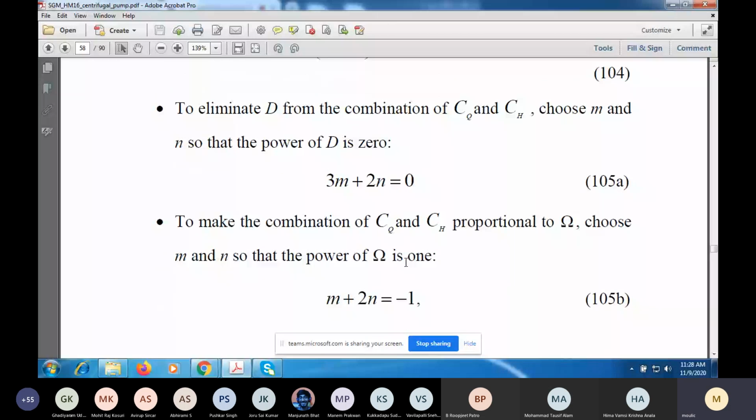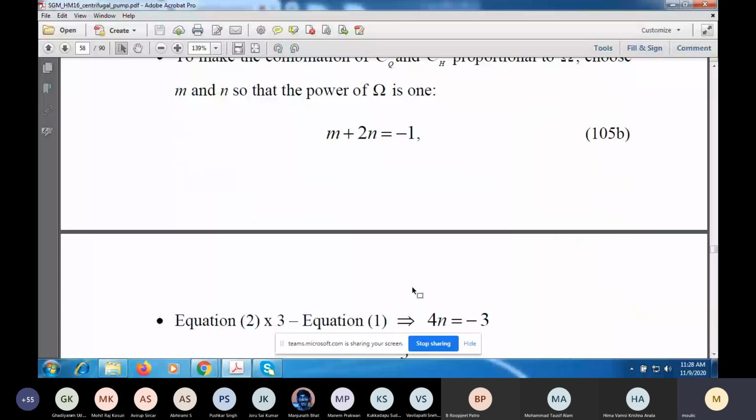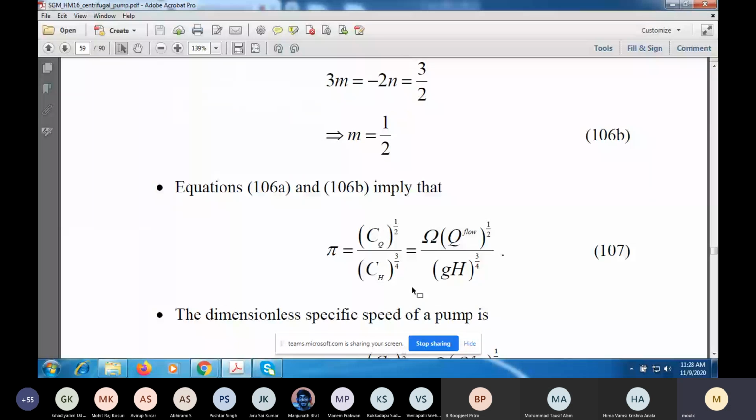Details are not given in any book. I've given you the details. So what you find is CQ raised to the power half divided by CH raised to the power 3 by 4 will be another non-dimensional parameter where there is no d in it, and the power of omega is 1.